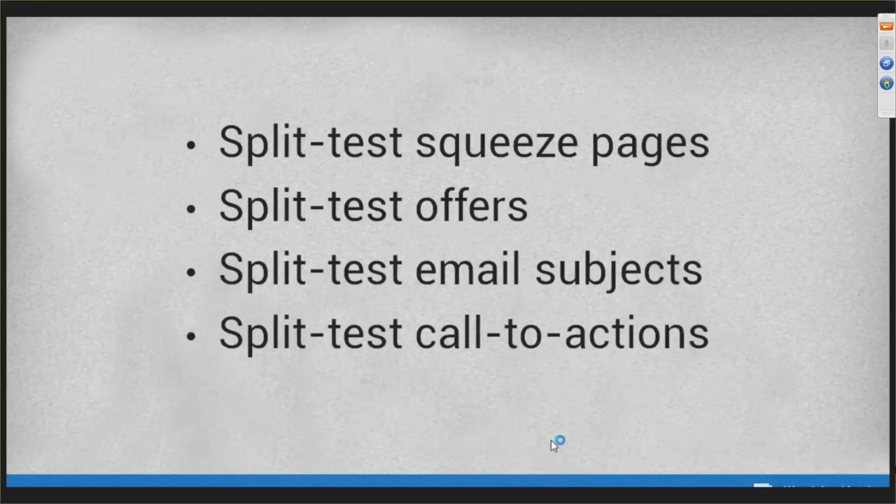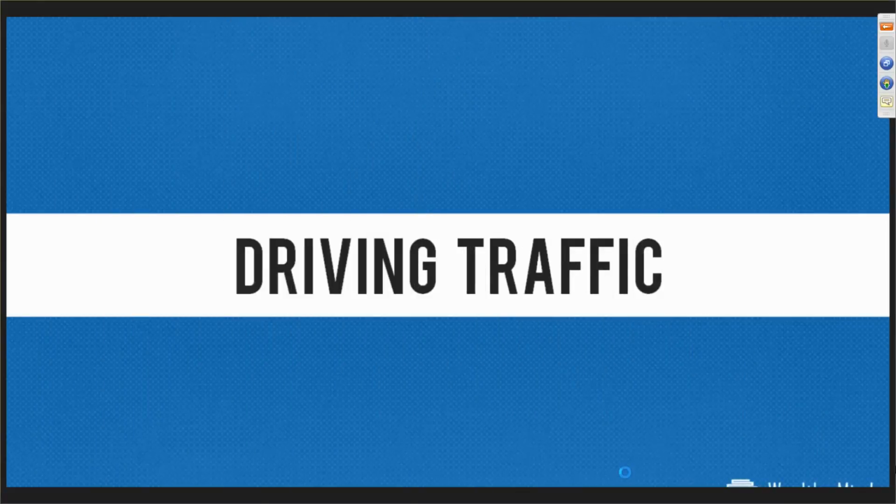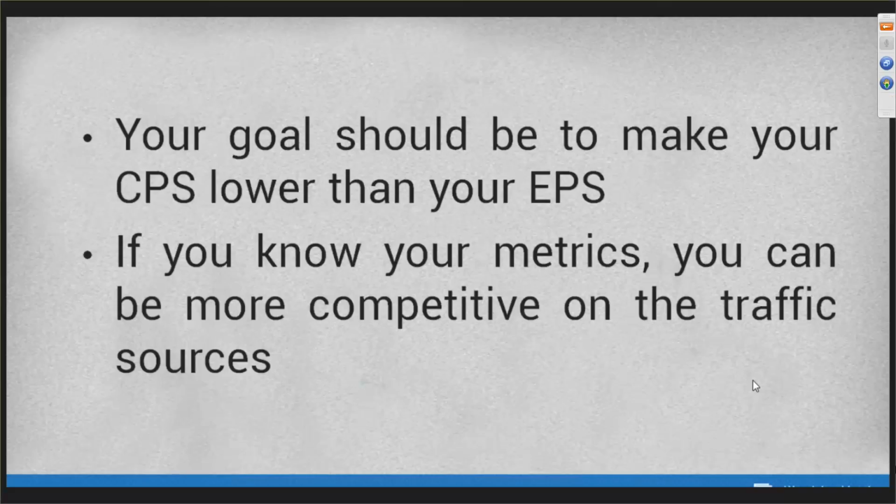Okay. So let me move on here. Driving traffic, just the last thing, and then we're going to go to the Q&A. So when you drive traffic, as I said before, you can use pretty much any traffic source. What you have to find out is your earnings per subscriber and your cost per subscriber. If you can at least break even there, with the earnings per subscriber in the first month and the cost per subscriber, it's already worth it. So any traffic source that allows you to at least break even with those two metrics is a good traffic source.